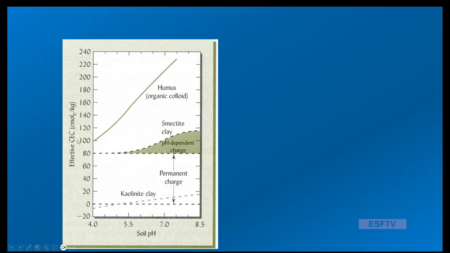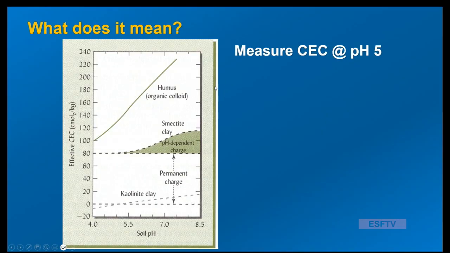And we used this diagram showing effective CEC. And we had organic colloids, and here were some of the inorganic colloids, smectite clay, the silicate clays, and kaolinite clay. So this diagram is familiar to us. What does it mean? If we measure the pH at 5, right, so we get on here pH 5, measure the CEC, and for organic material, that would be about 120 centimoles of charge per kilogram.